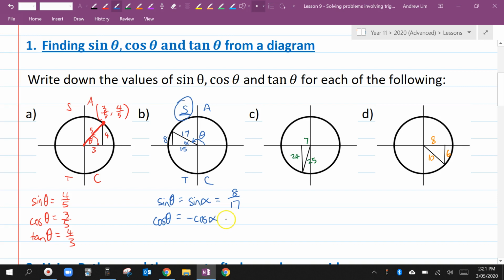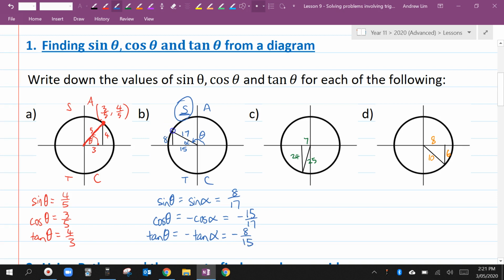So it's negative cos alpha, which means cos alpha is 15/17. So it's negative 15/17. And tan of theta is also going to equal negative tan of alpha. Tan is 8/15, so it's negative 8/15.